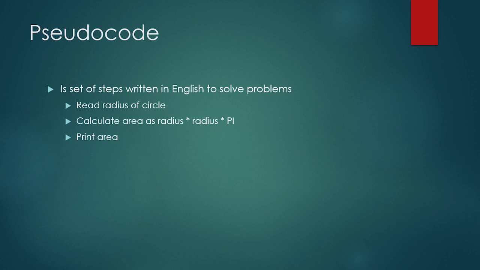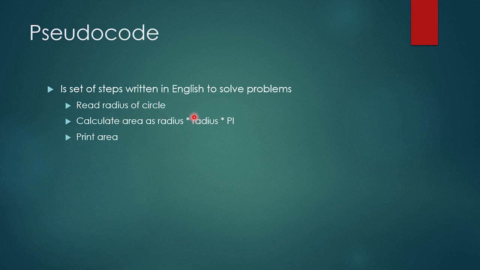When we're writing programs, one of the ways to get our ideas down before we actually code them is to write pseudocode. And pseudocode is English-like statements that say what the steps are to solve the problem. So for an example, we looked at how to calculate the area of a circle in one of our previous examples.